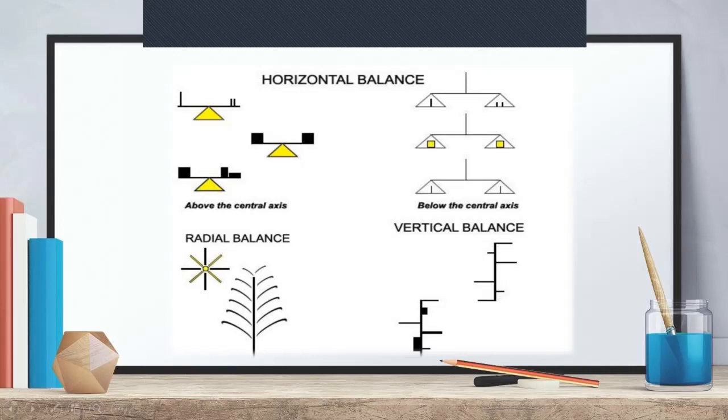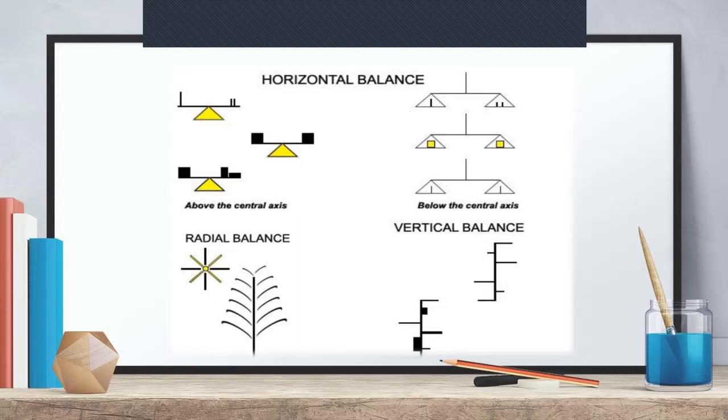So this is our axis here. This is at the middle. And if you look at it, there are objects underneath. Again, the sizes are different, but of course the weight is the same. So the picture shows that it is balanced.